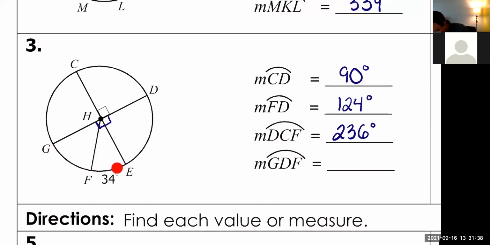If you take the 34 away from 90, what does that leave you for GF? 56. The arc we're looking for is everything but arc GF. So if you take that 56 away from 360, you're left with 304 degrees. Good.